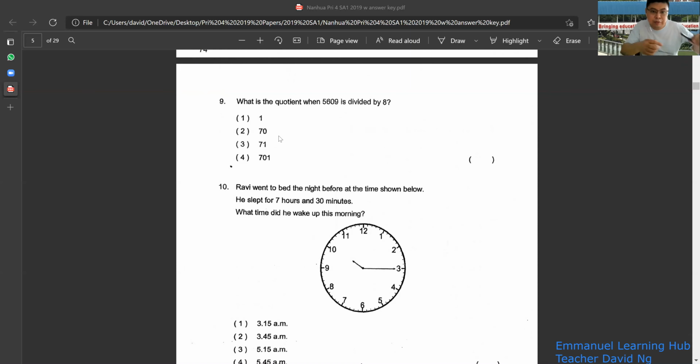So number 9, what is the quotient? Number 3. Okay, we'll see. Let's verify together. Is it number 3?